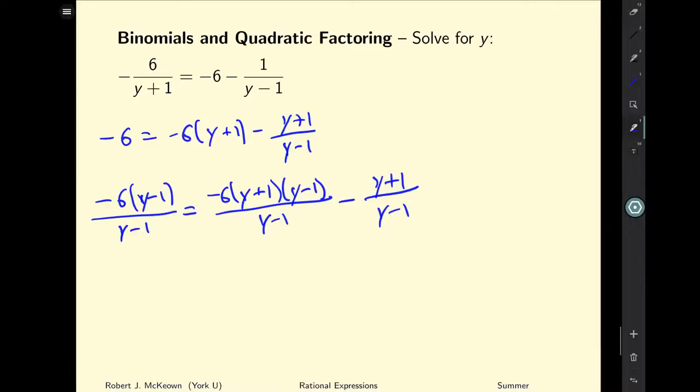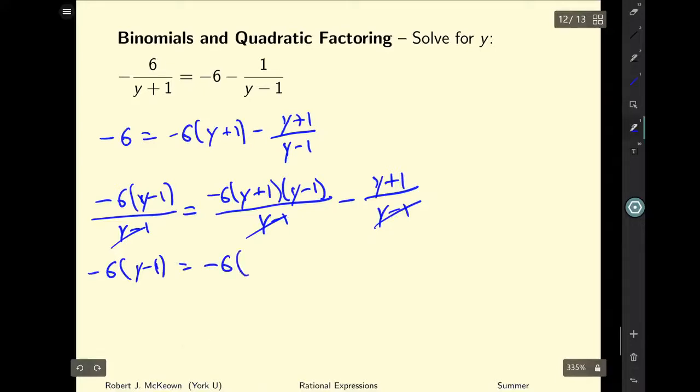And now that they all have the same denominator, I can get rid of them by multiplying this whole expression, both sides, by y minus 1. So we've got negative 6 (y minus 1) is equal to negative 6 (y plus 1)(y minus 1) minus (y plus 1).